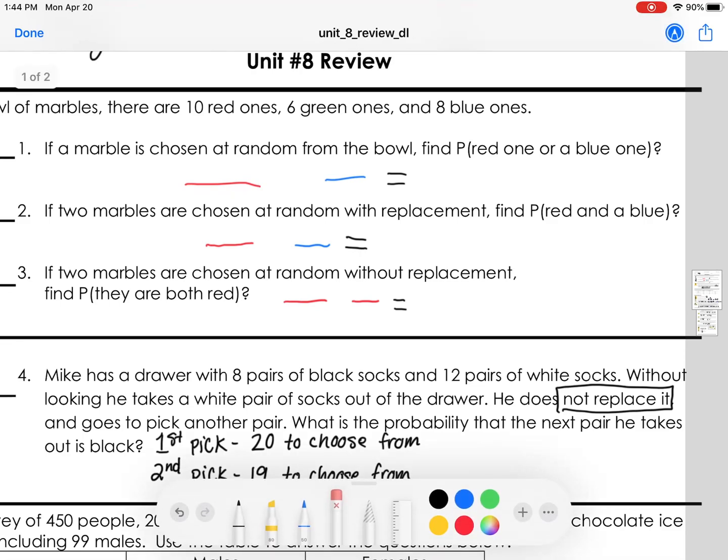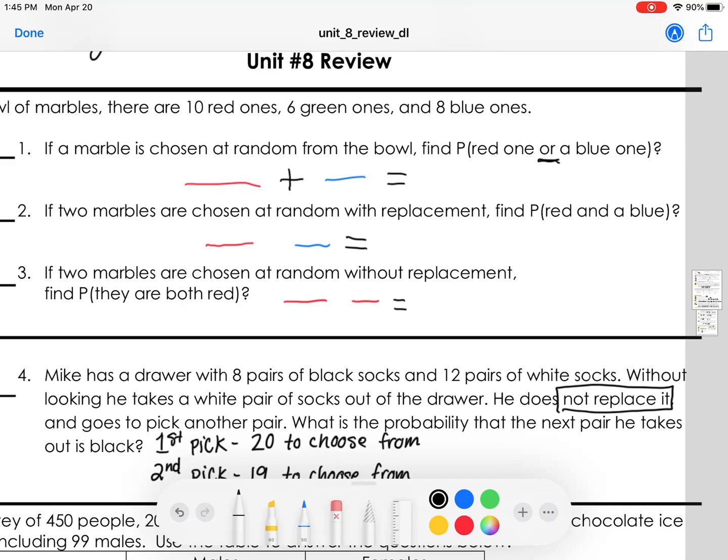Alright, so I'm going to remember back to probably 8.1 or 8.2, where it's the probability of one thing or another happening, just doing one event. I'm okay with either one occurring, so I'm going to use addition to add their probabilities together.